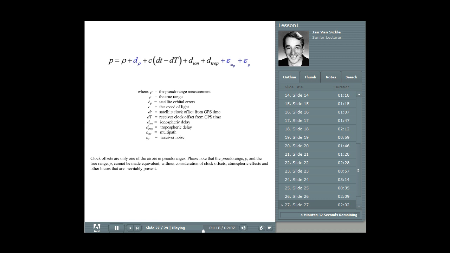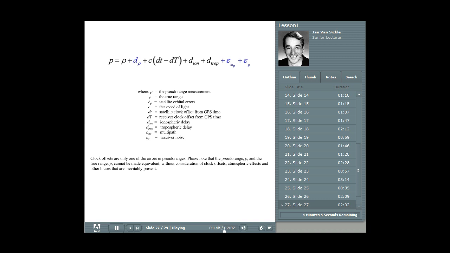Then there's, of course, the ionospheric delay, which we've talked about a little bit. There's also a bit of tropospheric delay, a little bit different kind of delay. Then on top of that, there's something known as multipath. This means that the signal from the GPS satellite bounces off of something before it gets into the receiver. And obviously, if you're measuring distances to determine your position, that bounce creates a difficulty.